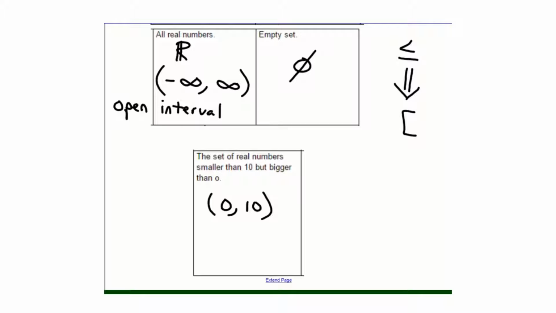It looks like an ordered pair, doesn't it? Looks like the point 0, 10 with the parentheses there. The way we know we're talking about an interval versus a point is the context of how it's written. So you'll be able to determine that based on where this appears in the exercise that you're working with.